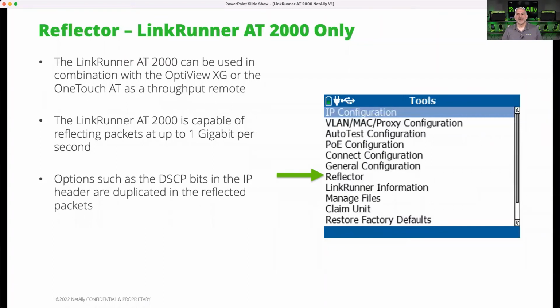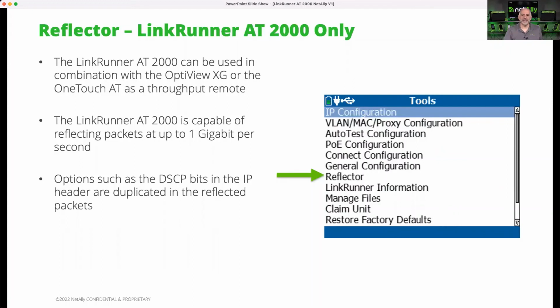Reflector. If I'm using this in combination with an Etherscope NXG or a LinkRunner 10 gig, these two tools have the capability of doing performance tests where I'm sending traffic through the network and doing a throughput test. When I do that throughput test, I need an endpoint, and this can act as a reflector.